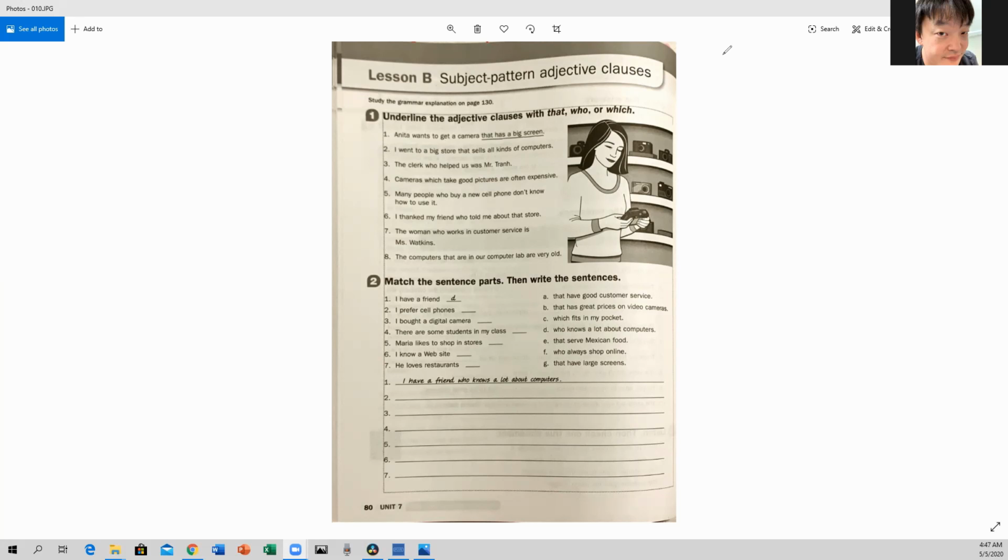Last week, I just gave you the theory and left the practice for this week, because this week we are going to do a lot of practice. Even the new things that we are going to learn are all related to this lesson, lesson B.